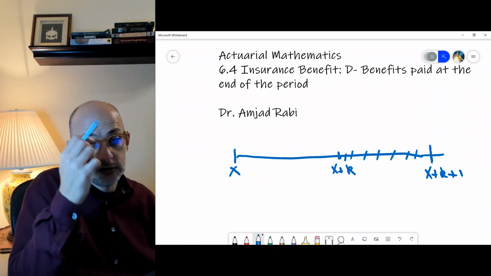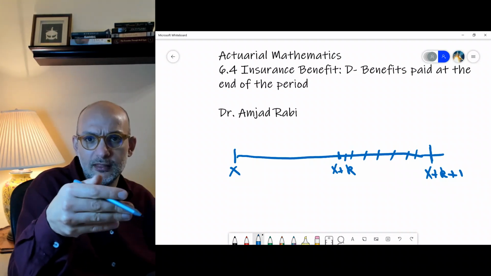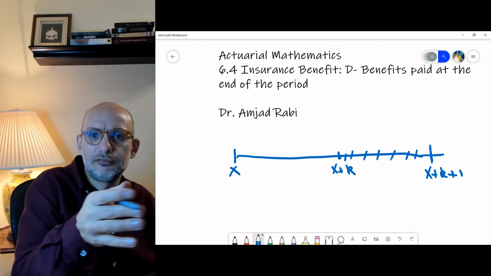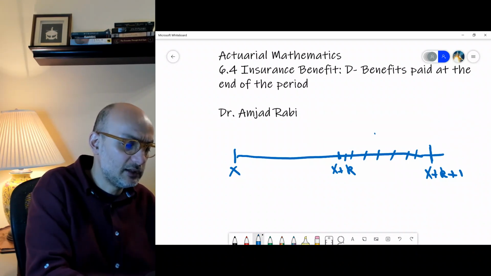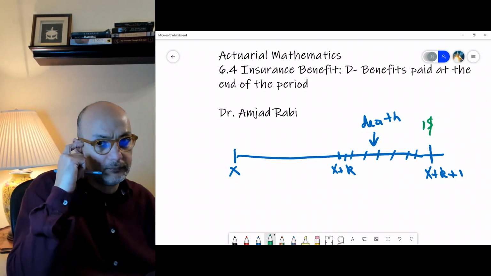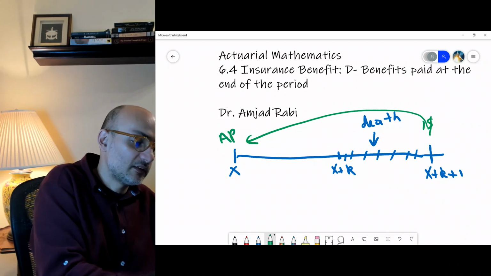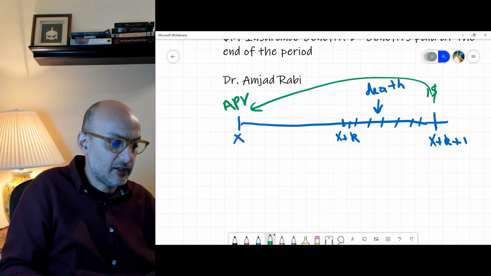In the previous continuous model, we used the fact that payment will be made at the moment of death, and we found the actuarial present value. But here, even though death happens here, we will wait until the end of the year to make the payment, and then we take the actuarial present value from there. It's the same logic, but the payment is made at the end of the year of death.